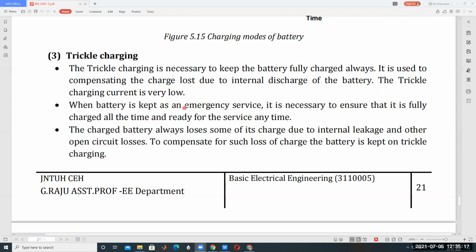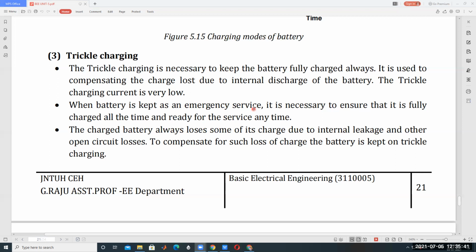When a battery is kept in emergency service, it is necessary to ensure that it is fully charged all the time and ready for service anytime. Understood? Because of trickle charging, it is fully charged all the time and ready for service at any time.